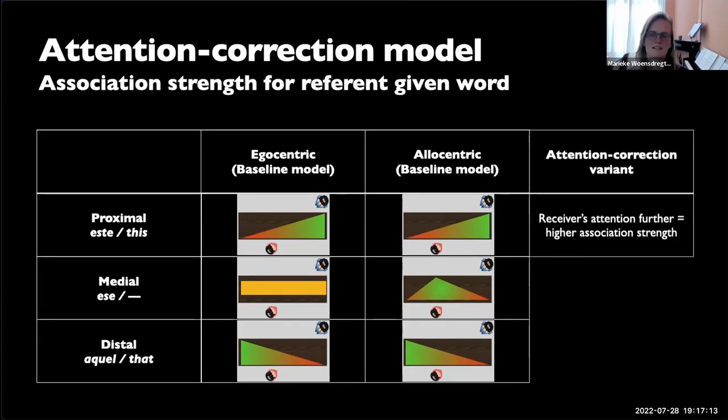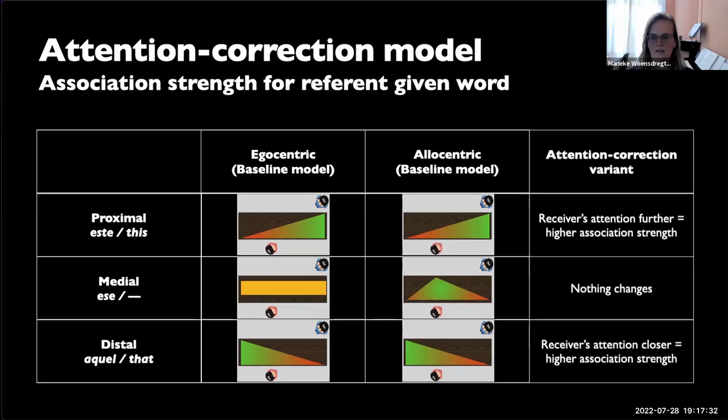All that happens in the attention correction variant is that when a receiver's attention is focused further away than the speaker's intended referent, the association strength of a proximal term like this, or este, becomes higher. And as the receiver's attention is focused closer than the speaker's intended referent, the association strength of a distal term like aquel or that becomes higher.